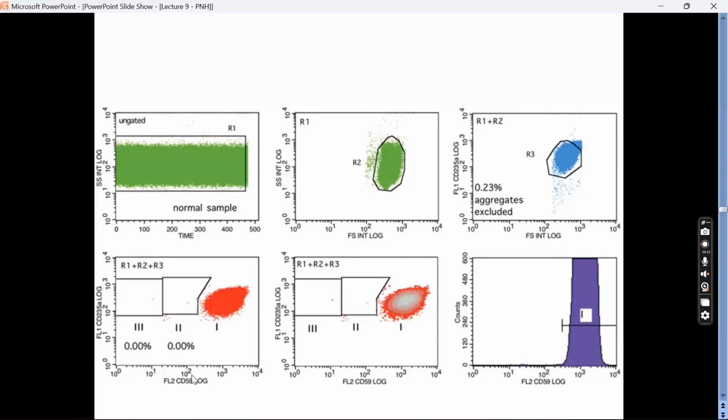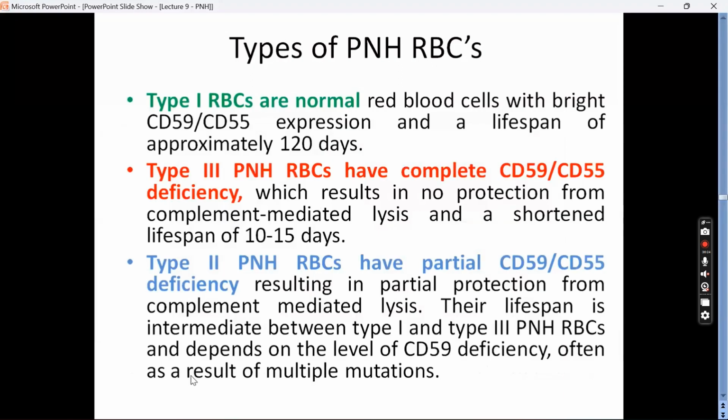Okay, so when you study that, you find three types of RBCs. One is type 1 RBCs, which are nothing but normal RBCs, which show bright expression of CD55 and CD59. Okay, so those RBCs are called type 1 RBCs.